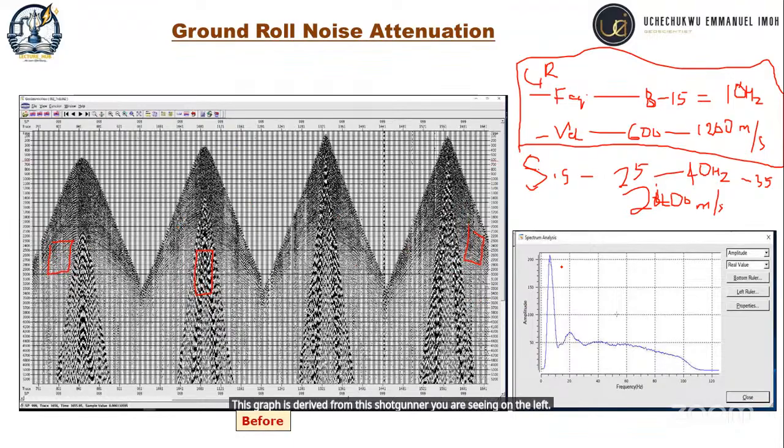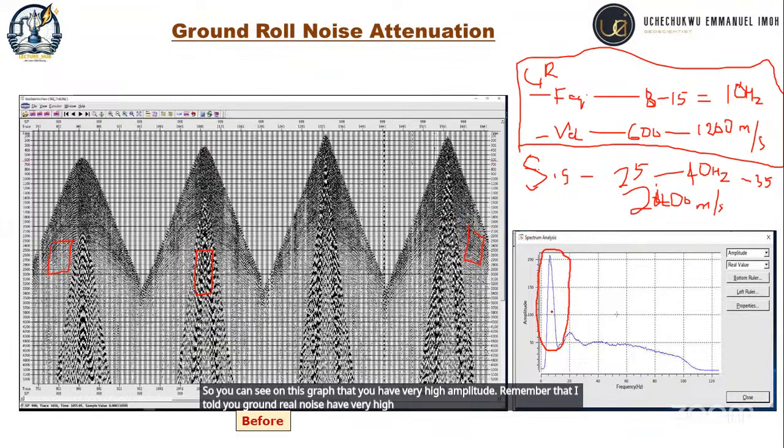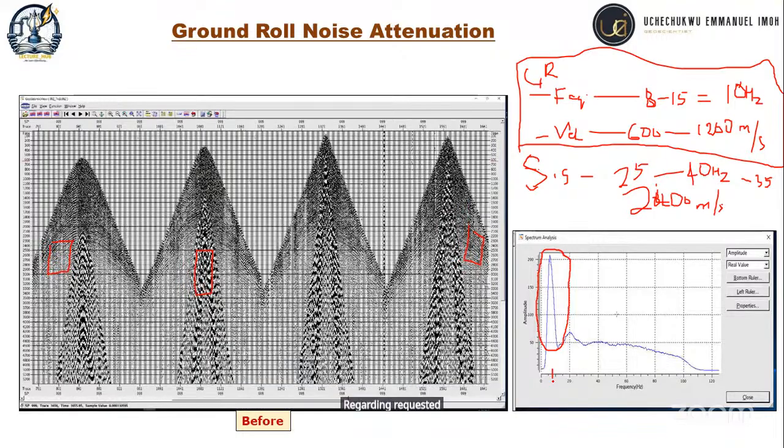So you can see on this graph that you have very high amplitude. Remember that I told you ground roll noise has very high amplitude, and what is the frequency? Very low frequency. Look at the frequency reading, around 10 hertz.